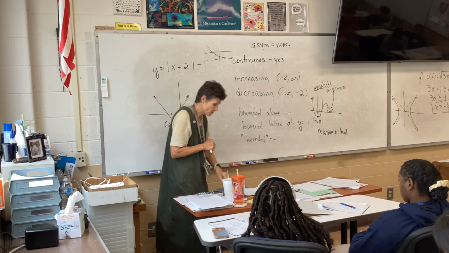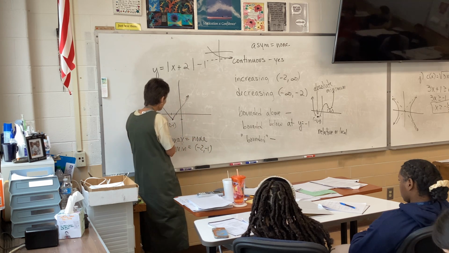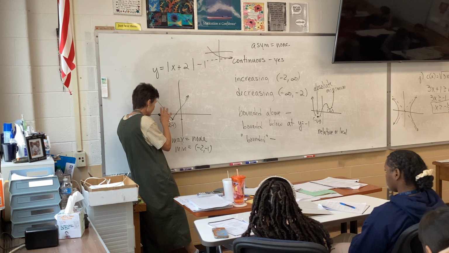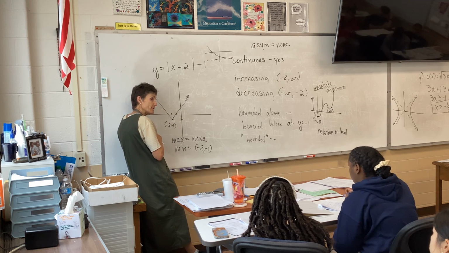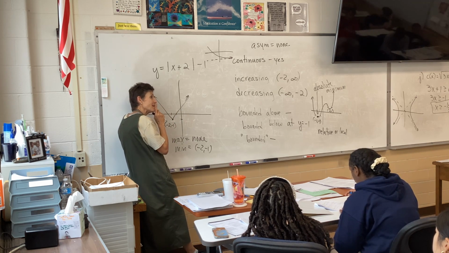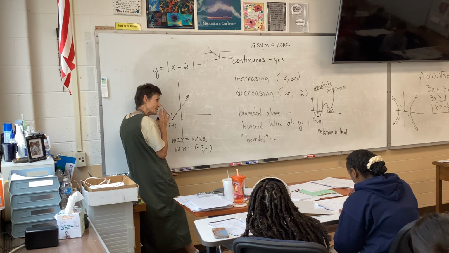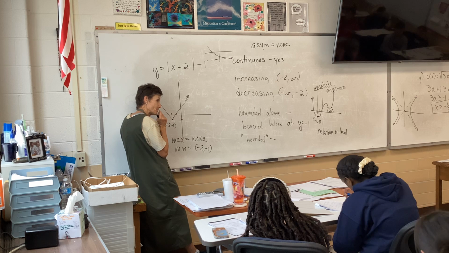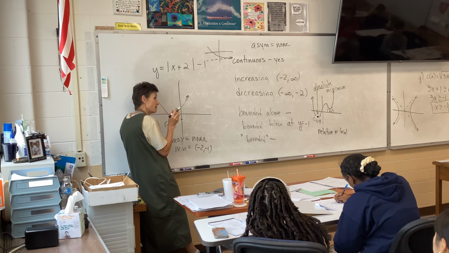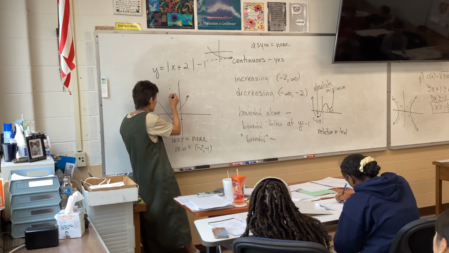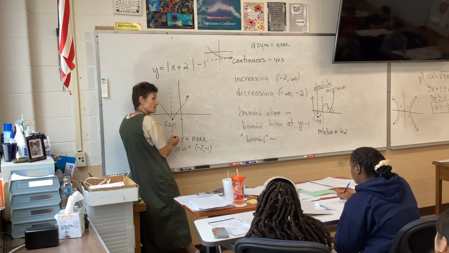All right, symmetry. Does this thing have any symmetry? Yes, Robbie, it does. Can you tell me about what? What is it symmetric about? Both sides, like left and right. Okay, about this line right here? Yeah, so -2.